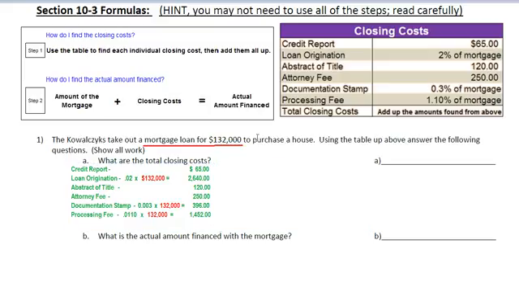So, I've just listed out all of the different closing costs. I had to do a little bit of multiplication in order to find 3 of them, but now I can add them up, because that's the big thing. I need to be able to add them all up, just like it says right here. Add them all up.